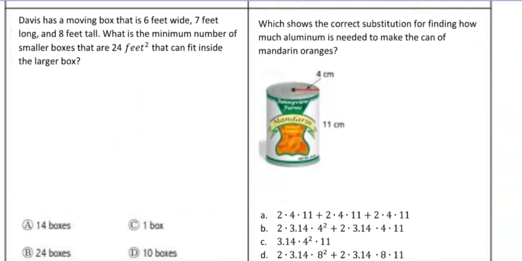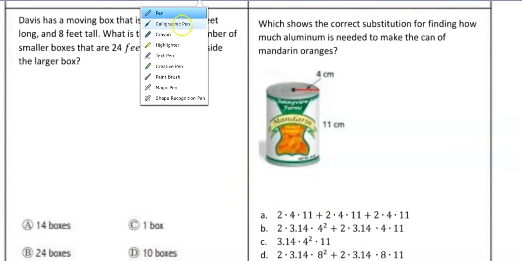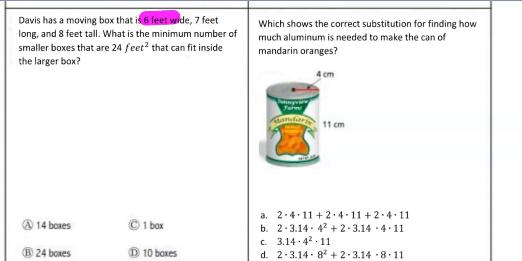Last 2 problems. Davis has a moving box with the dimensions given, 6 feet wide, 7 feet long, 8 feet tall. And we want to know how many smaller boxes that are 24 square feet can fit inside the larger box. Okay, so the larger box, and we know this is a box, so it's a rectangular prism. And since we're fitting something inside, it's going to be volume.